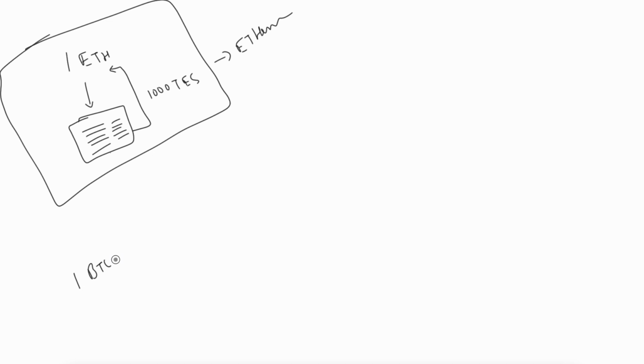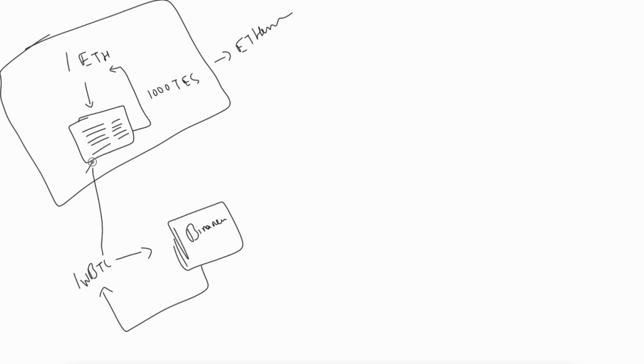So this one Bitcoin you are sending to a vendor like Binance, who has the original wrapped BTC that is supported by the Ethereum network. So you send them one Bitcoin and you get one wrapped Bitcoin. Now you send this wrapped Bitcoin into the Ethereum network and get 1000 Tesla coins to your account. Now you are part of the Ethereum family.